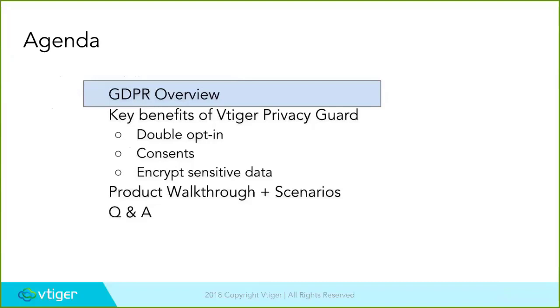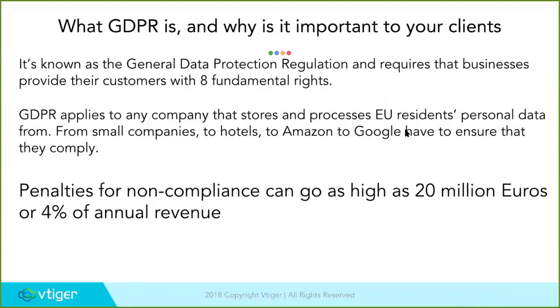Then let's jump into the GDPR Act. What is GDPR and why is it important to your clients? We know that GDPR, the General Data Protection Regulation, is a set of data privacy rules that replaced a previous law called the Data Protection Directive and is aimed at harmonizing rules across the 28-nation EU bloc.